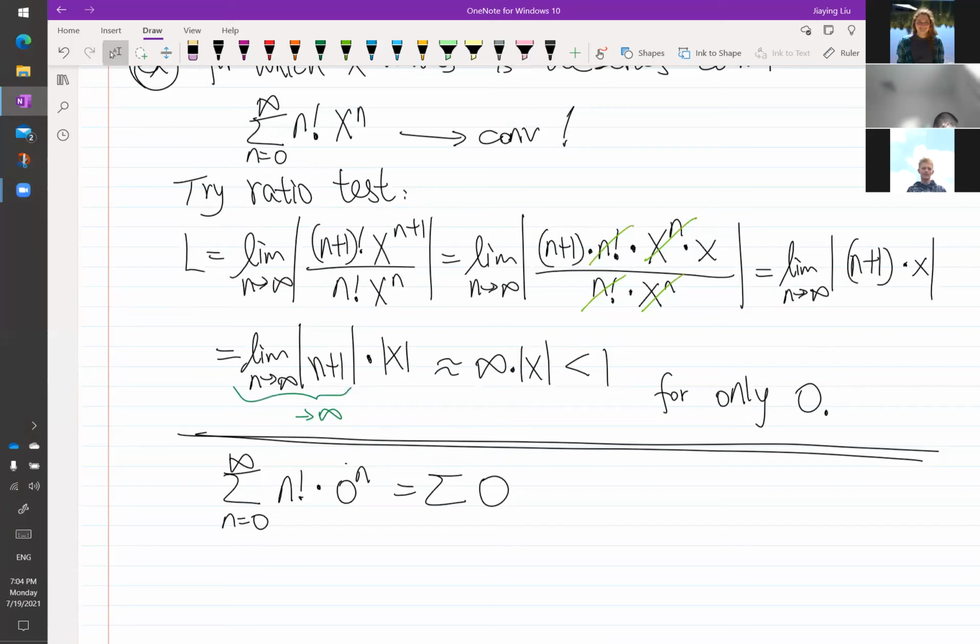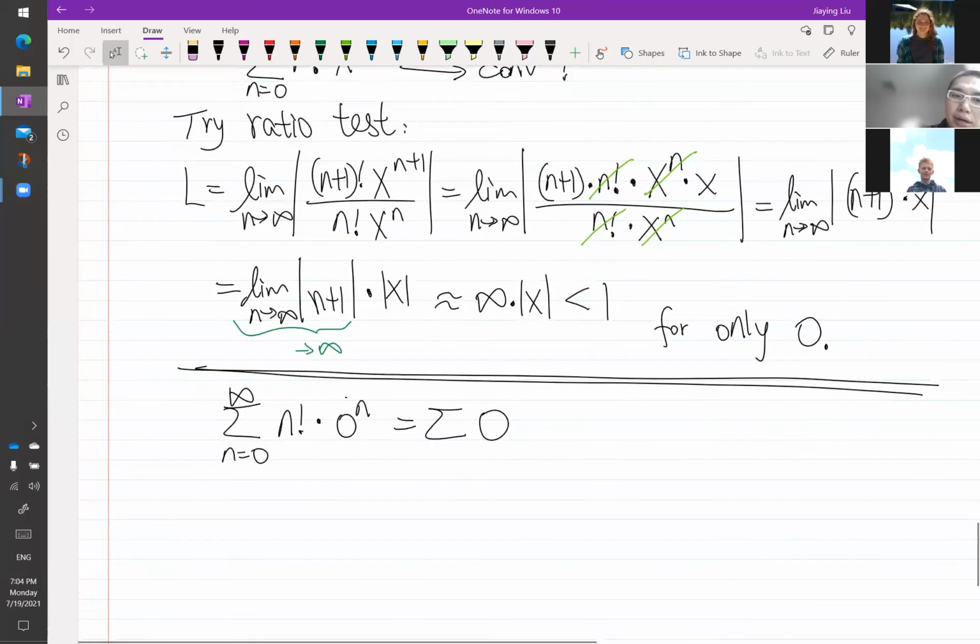I feel like I'm misleading you with some of the examples here. 0 to the 0 power is 0, right?